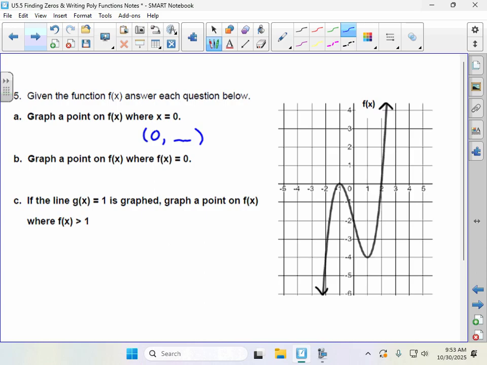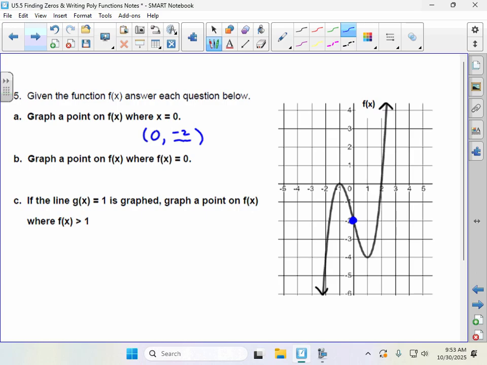So go to 0 on the x-axis and draw a vertical line, find the intersection point, and there it is right there at 0, negative 2. All right, so 0, negative 2 is where the graph uses 0 in the x-coordinate. Okay, so that's when x equals 0. So if you were doing this on the computer, it would tell you to click a point on the graph somewhere when x equals 0. So that's where you'd put it.